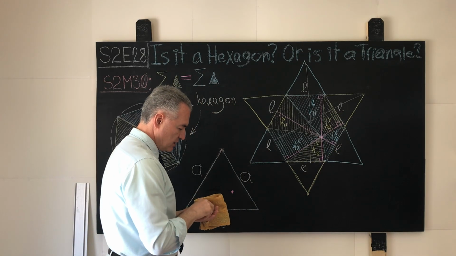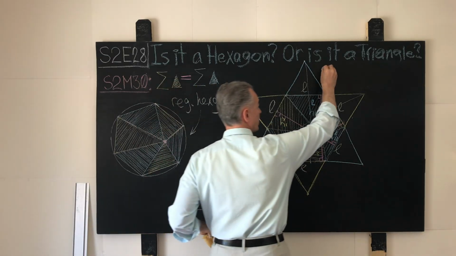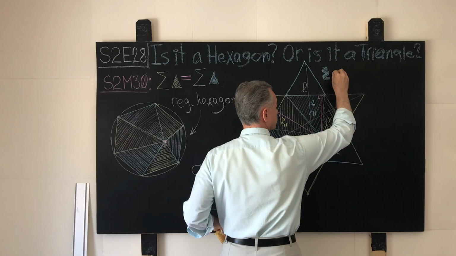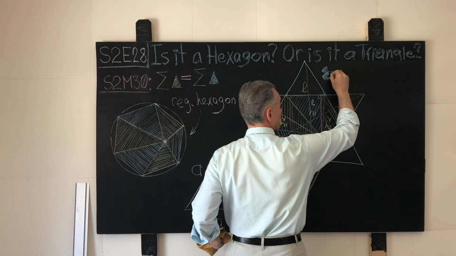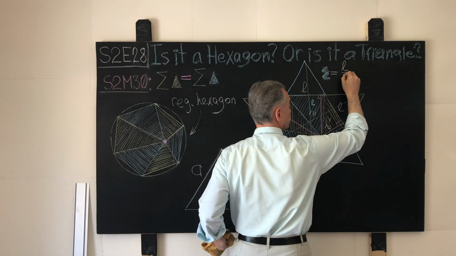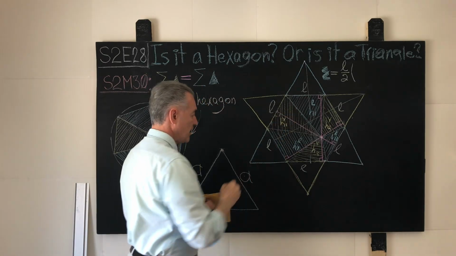So for the sum total of the areas of all blue triangles, what can we write? Well, let's say we use white chalk. It will be half product of the corresponding base, L over 2, times the corresponding heights.